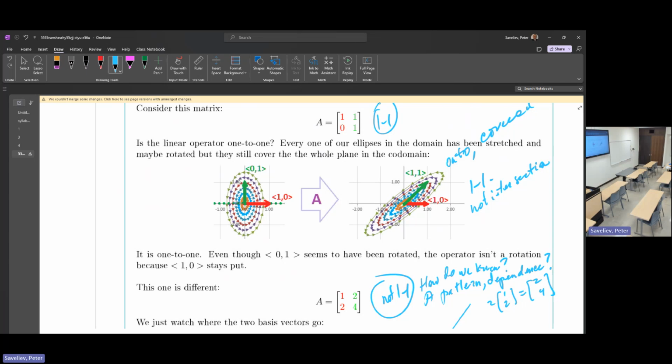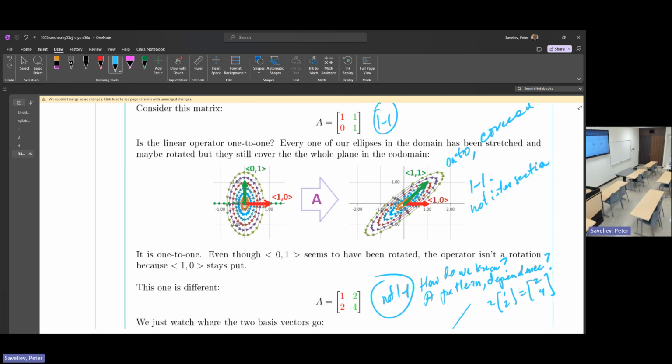The columns, we started the discussion today with that issue. Vectors, where they come from? Very beginning, and we actually started at the end of last time. They are where the unit vectors go.